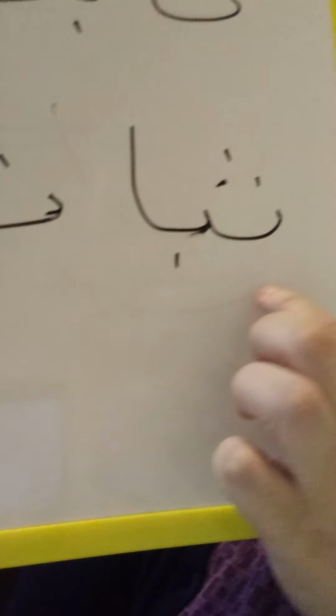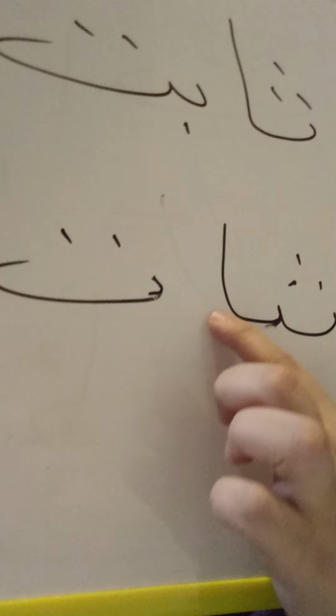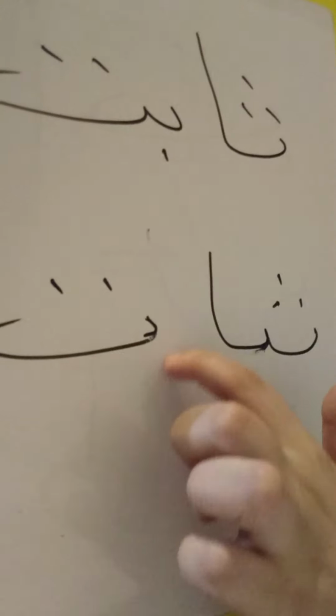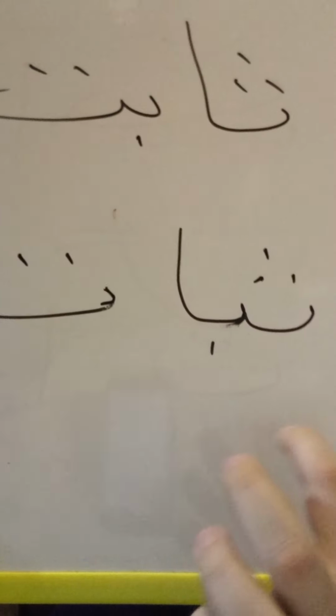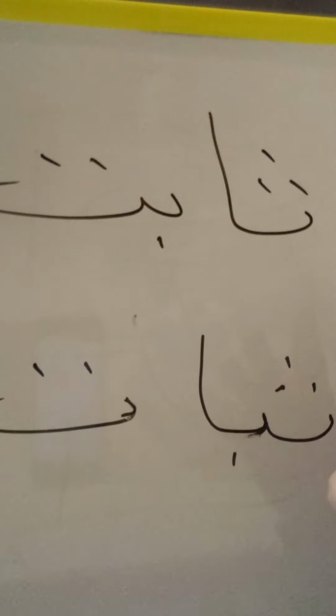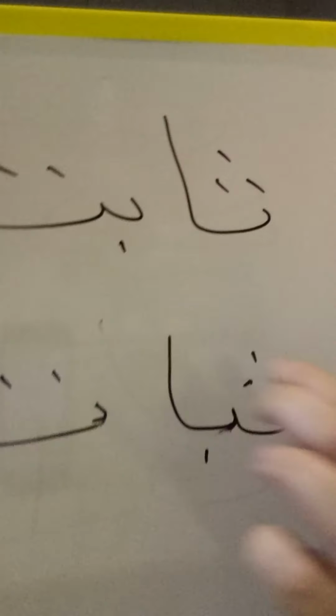Th-b-at. It's all one word. But this is alif, so nothing touches alif that comes after alif. Nothing can touch her. Thabat. Thabit. Thabat. And this is the end of our lesson.